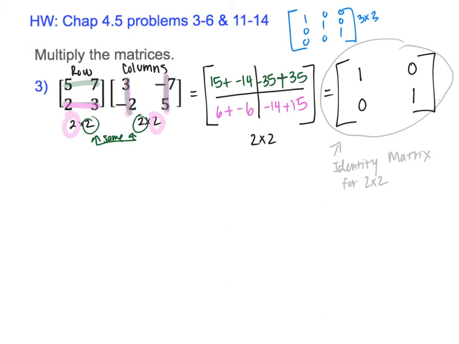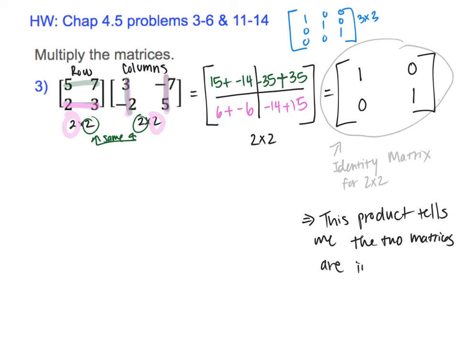Another thing that I want to mention is that anytime you multiply two matrices together and they give you the identity matrix, that means that they had to have been inverses of each other. So in conclusion, this multiplication tells me that the two matrices are inverses of each other.